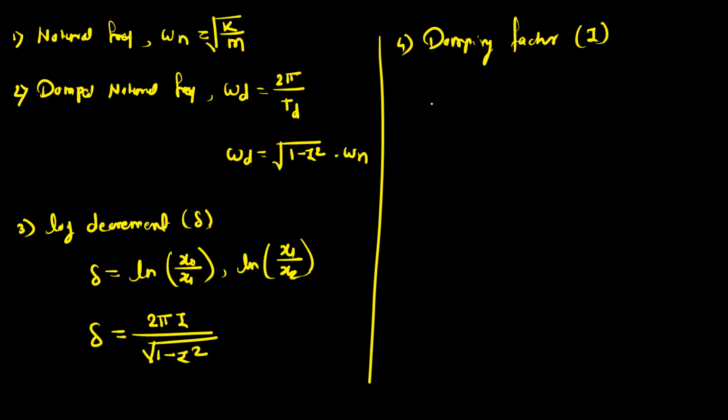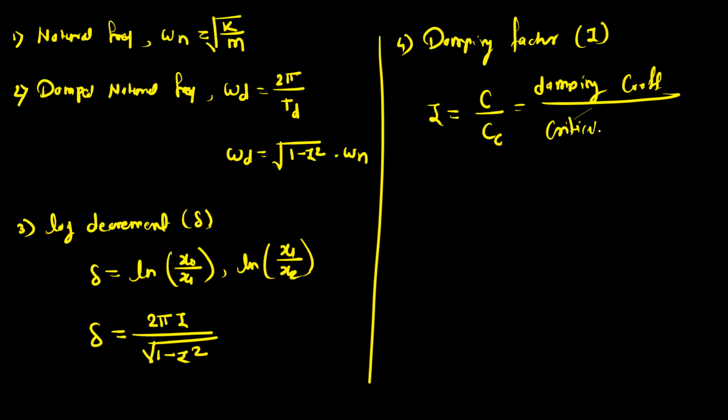Next formula is for zeta, the damping factor or the damping ratio. Zeta is equal to C upon Cc, where C is the damping coefficient or damping constant, and Cc is the critical damping coefficient. Cc is 2m into omega n.